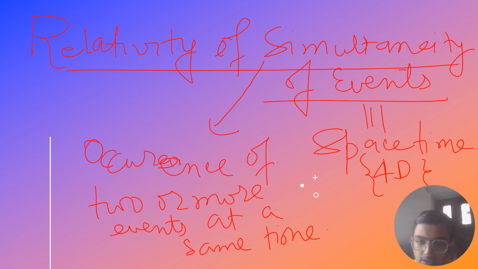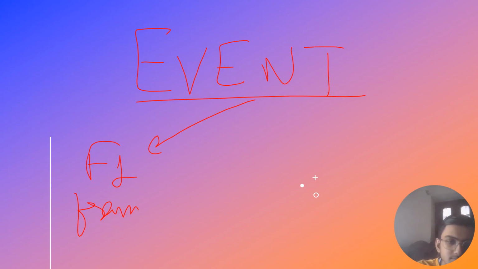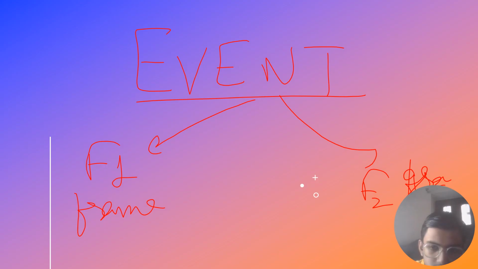The event is the same, but suppose there are two frames, f1 and f2. Let me write it clearly.